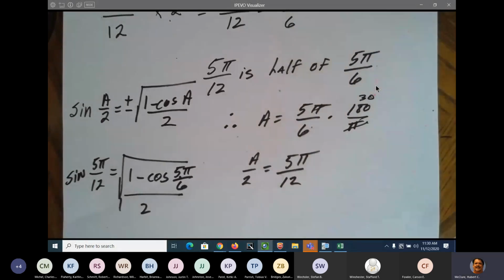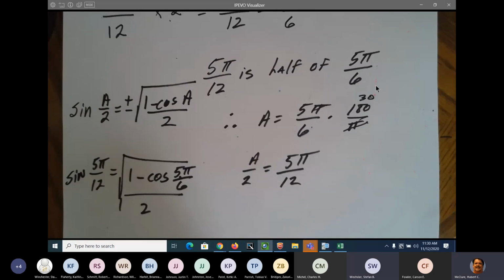I might be wrong. What's 5 pi over 6? It's 150 degrees.